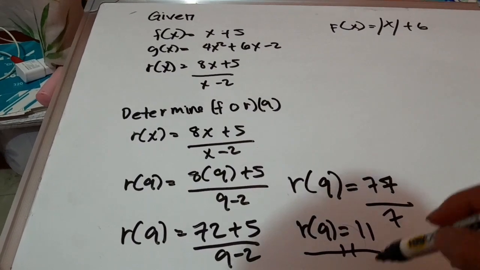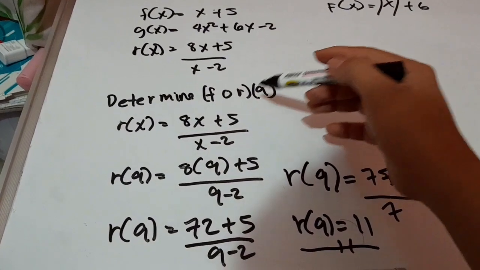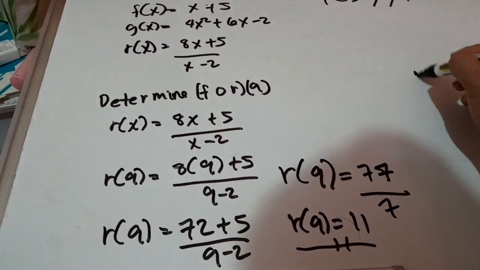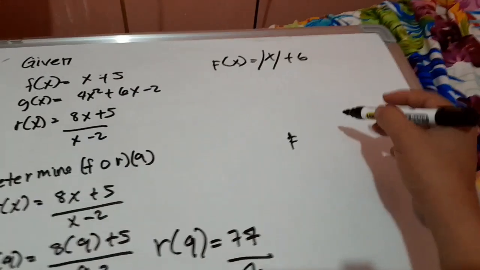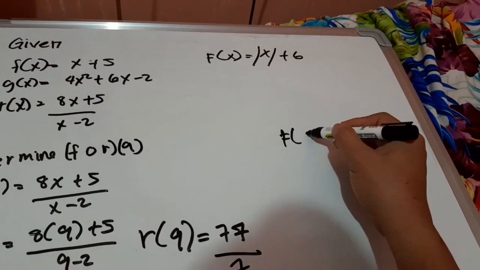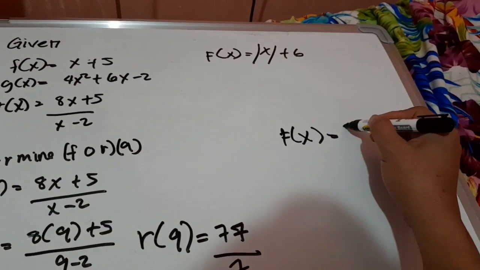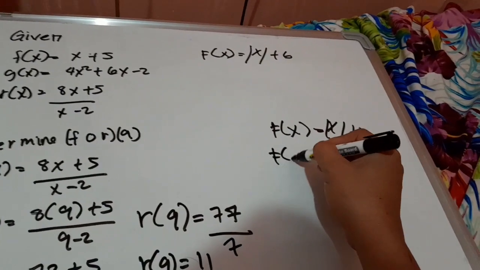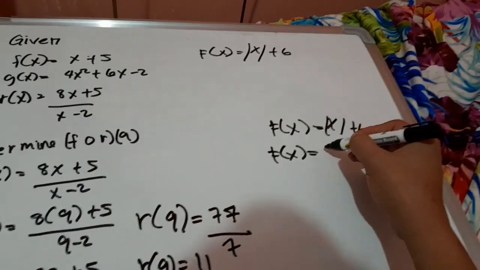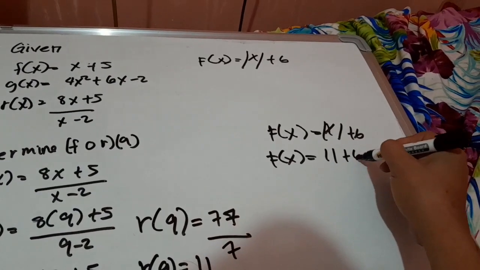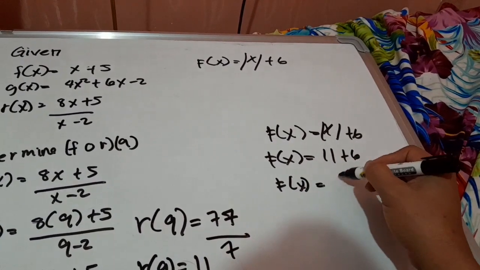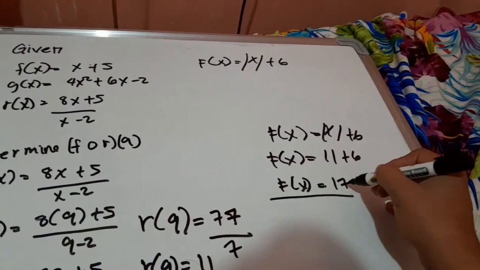So let us substitute this one because it is the largest integer. So we have to use this equation equals x plus 6, since r of x is equal to 11, then 11 plus 6, then the largest integer is equal to 17. That's the answer.